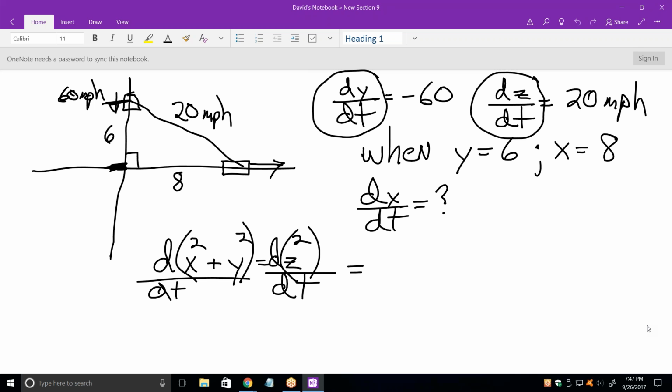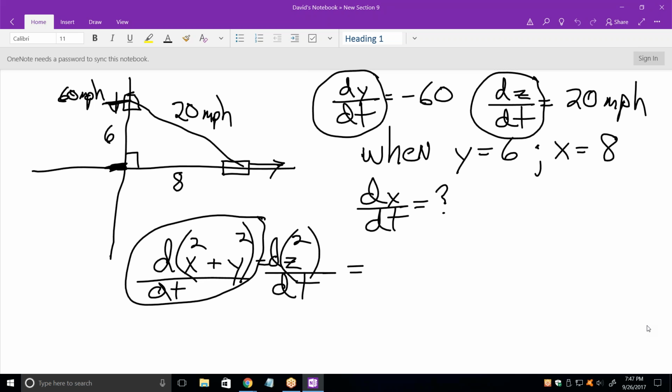Would it be, differentiate the left side implicitly, would it be negative 60x squared? Hold on. No, just differentiate it based on these variables. Don't fill in anything yet. You have to implicitly differentiate the function first. So, what's that? Differentiate the left side of this equation.